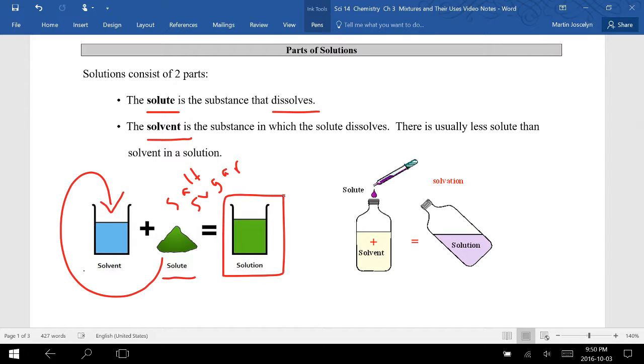So here's another picture for you. Here I have a solvent, and these are two liquids now.